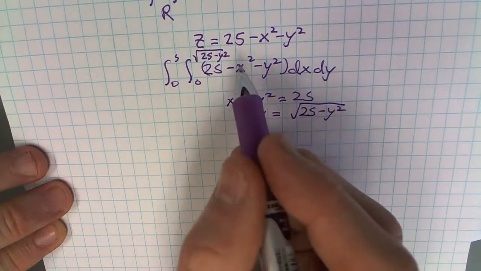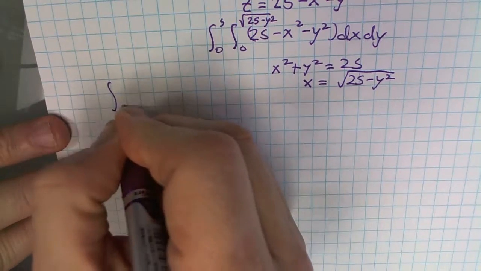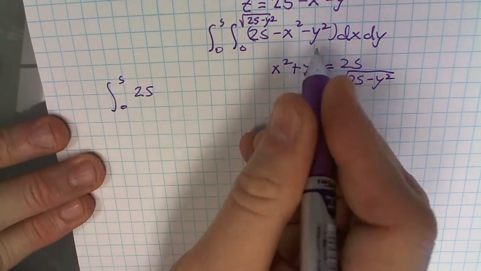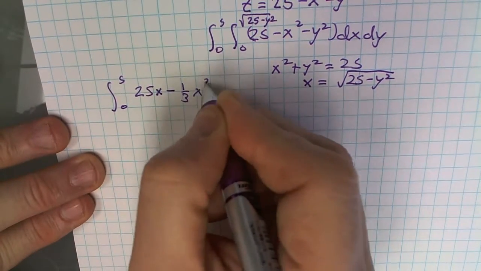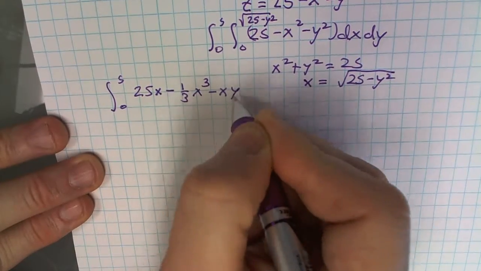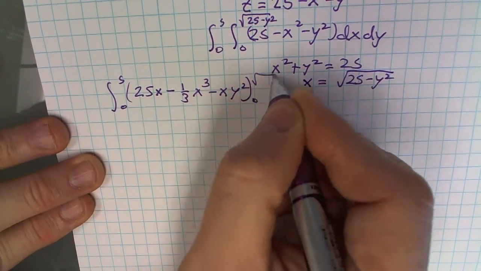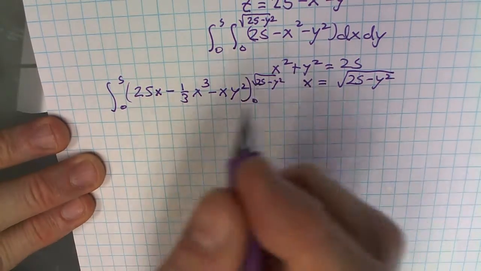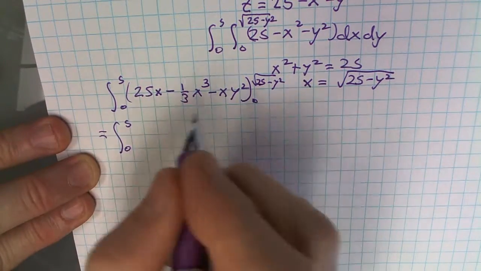Now the problem comes when we actually try to integrate this, because look what happens. We've got 0 to 5, and if I integrate with respect to x, I'm going to get 25x minus 1/3 x cubed minus xy squared, going from 0 to the square root of 25 minus y squared. Now look what happens.